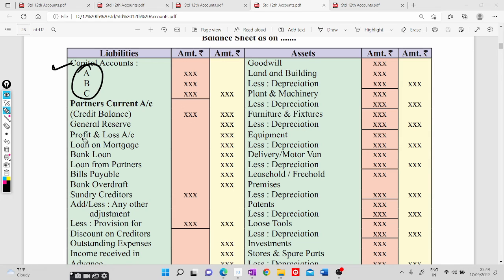If the partners are maintaining current accounts, then the current account balances will be shown on the liability side. If the current account has a credit balance, it will be shown on the liability side.